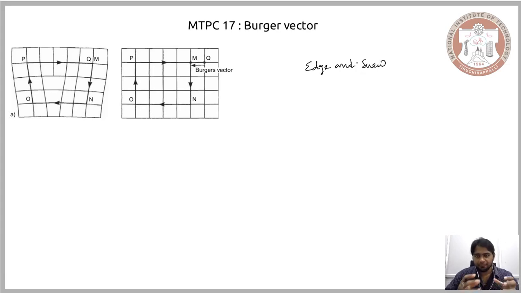Now there are different ways you can classify or distinguish one dislocation from another. In the previous lecture, in keeping with how we studied different forms of defects, we differentiated edge dislocation from the screw dislocation depending on how the atomic positions changed when you have this particular defect.